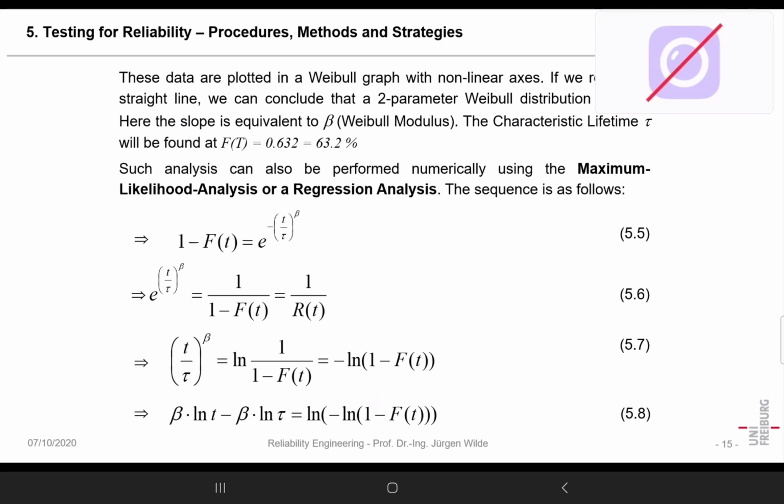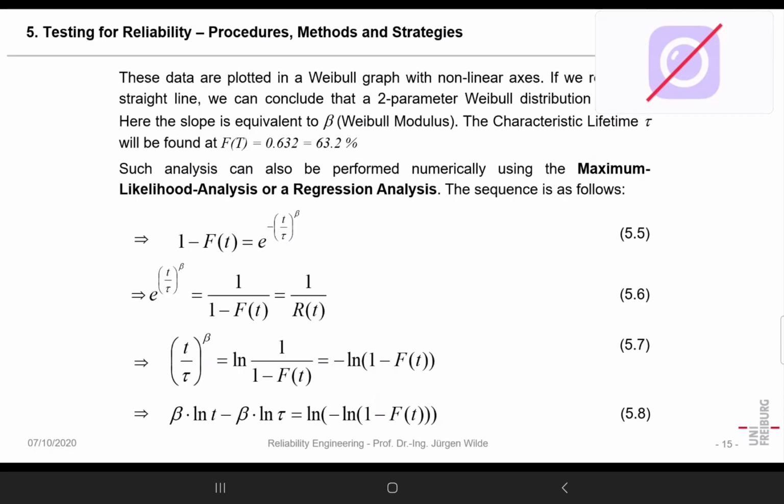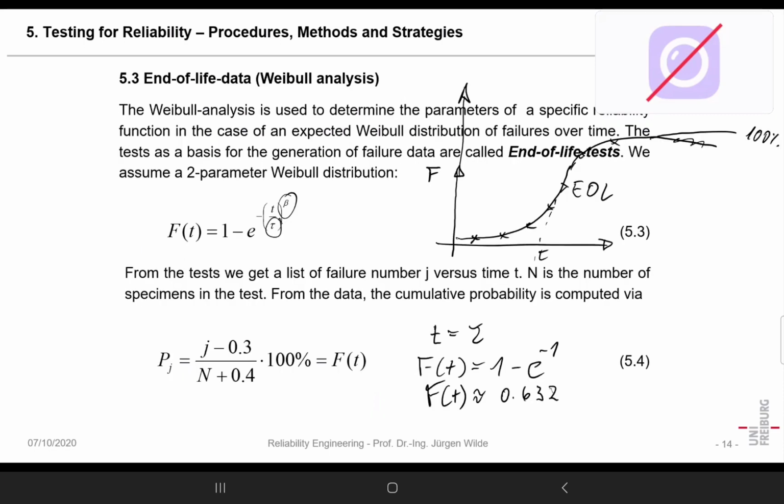Now let's try that. You have that function, and now you bring that 1 to the other side. And then you say 1 minus f of t is e to the power of minus t divided by tau to beta. So on that right side, 2 unknowns are. To the left side, you know that, because you have that here.